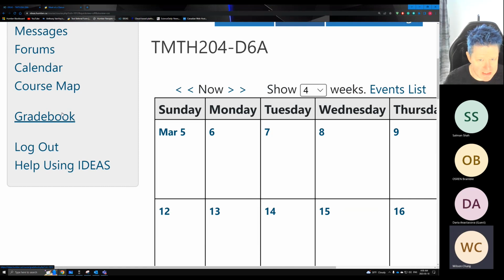I noticed that there is a past due and available or attempted. I can't remember which one it is. You should only be paying attention to the past due column in your grade book because the weighted average is your midterm grade in the course.